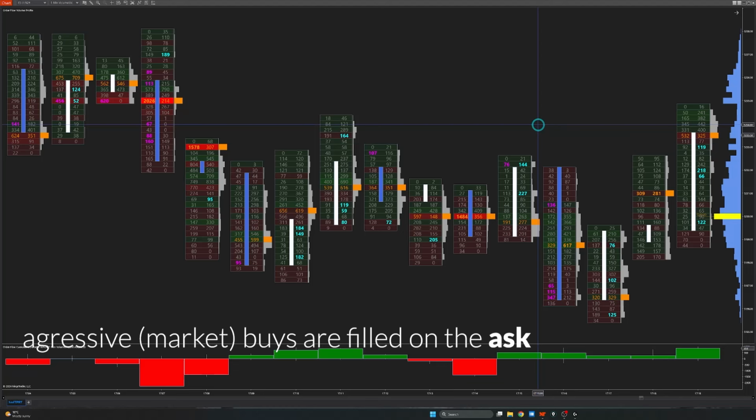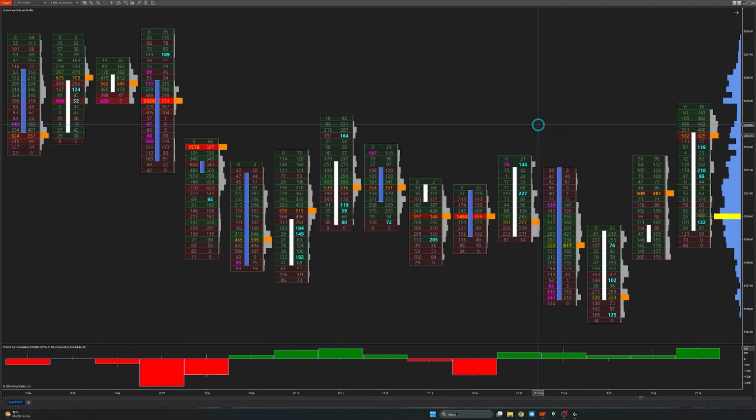Because when you are an aggressor, and these are aggressive market participants that are hitting the market buy button, they are matched to the best ask price immediately. So unless you're doing a sweep, the market buys will get priority. Sweeps are always first priority in the order book. But otherwise, if I hit a market buy right now, I don't care about the price at which I'm filled, generally speaking. I want to get in, I want to buy, and I'll be matched to the best ask price.